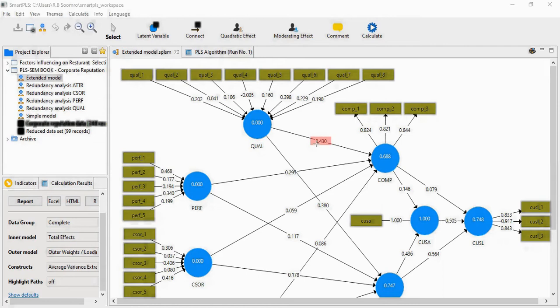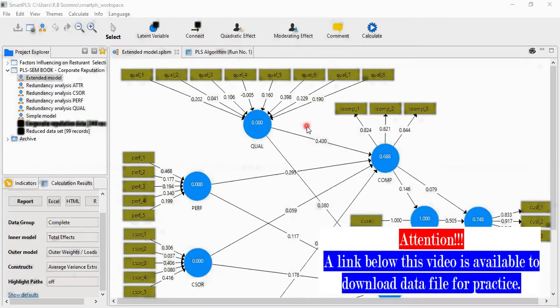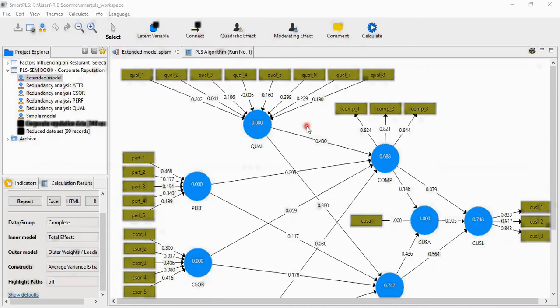Then the problem is that we do not know whether this path is significant or not. We can know significance with the help of the P value, but because this is non-parametric software, it does not provide it. So in order to get it, we should apply bootstrapping.